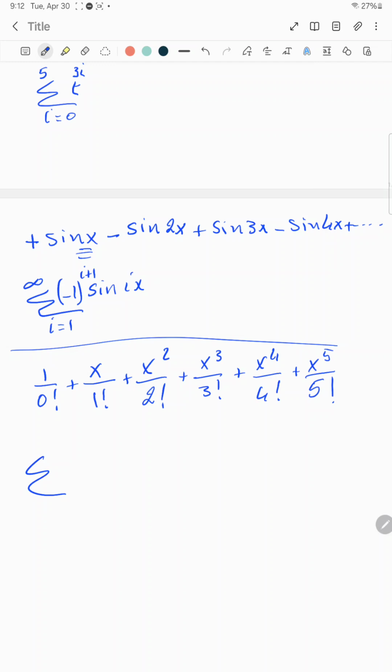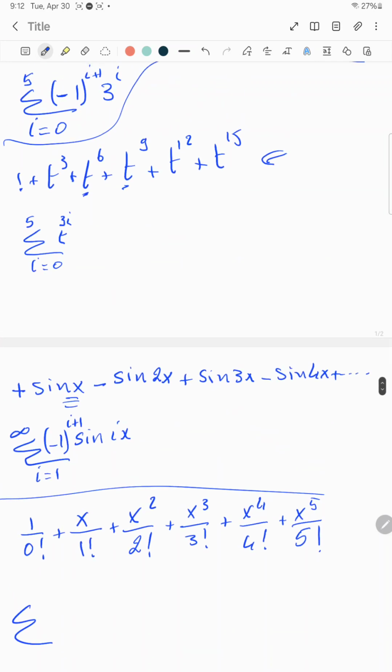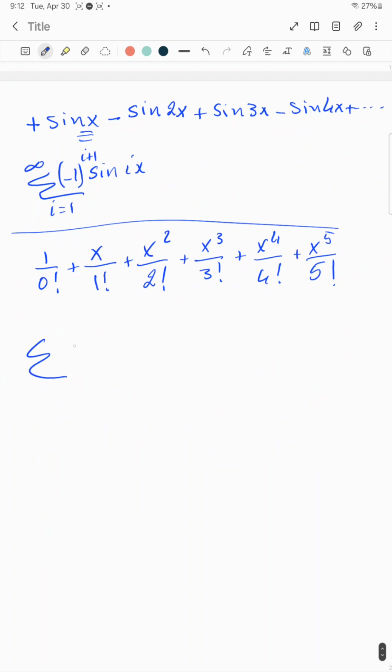So I see I have x^0, x^1, x^2, x^3. I know that there is x to a power divided by something, and I have i. So in my sum I will put x to the power of i divided by i factorial.